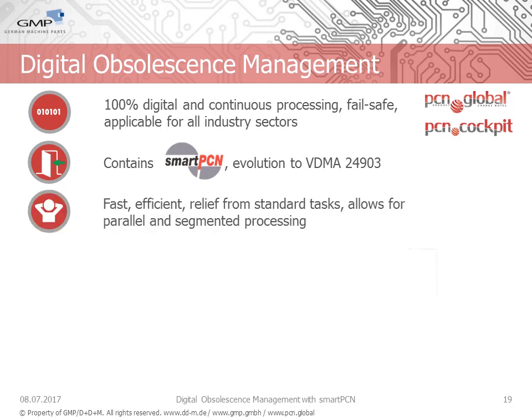We gain speed because it is more efficient, faster, less work, and allows for distributed workflows. The approach we have taken with pcn.global and pcn.cockpit combines the advantages of digital processing with data and information security, because it is not necessary to send company internal data to where you have no control.